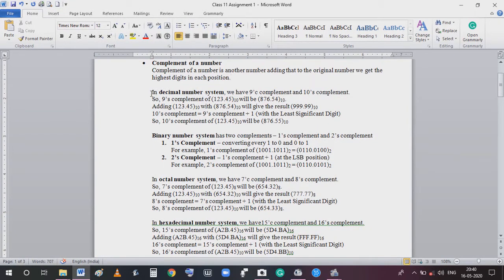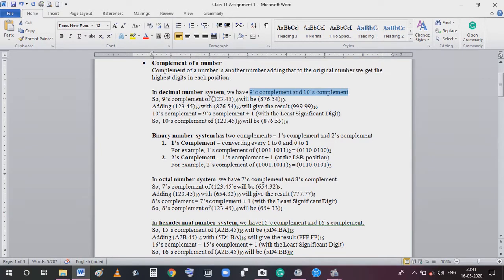We all know there are 4 number systems: decimal number system, binary number system, octal number system and hexadecimal number system. Now in decimal number system, we get 2 complements, 9's and 10's. What is 9's complement?